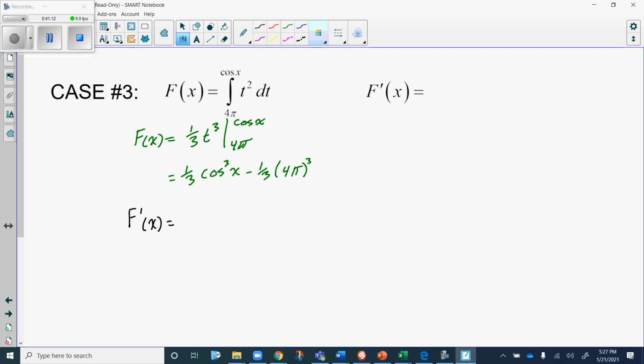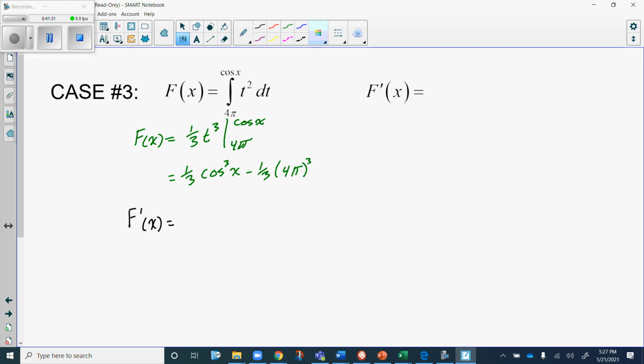Here, now we do have to use the derivative of 1/3 cosine x squared. So here, we don't need to use the chain rule necessarily, or yeah, we do need to use the chain rule. Let me get that straight.